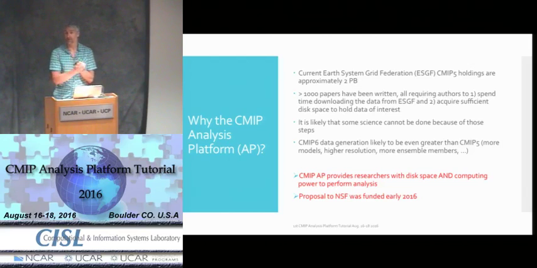If everyone around the room is buying disk for hundreds of terabytes or petabytes, it's not very efficient. And it's likely, in my view, that some science that we could do has not been done because we don't have at our fingertips all or most of the data, with limited storage.